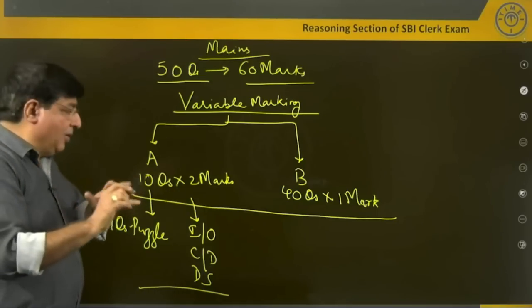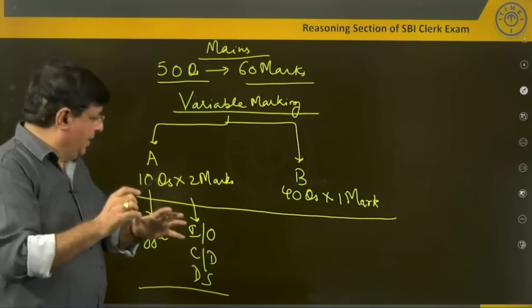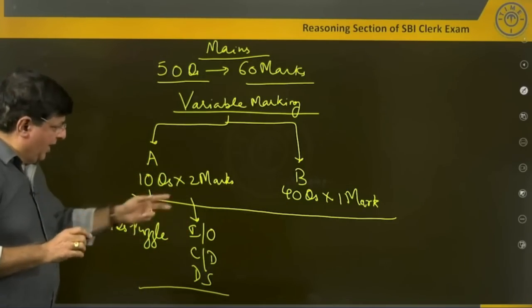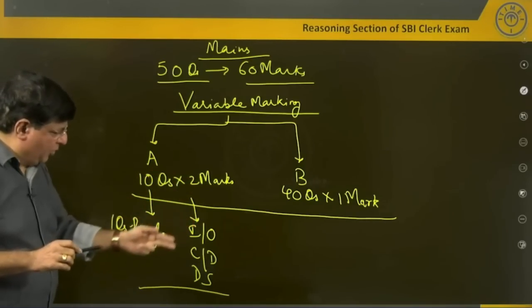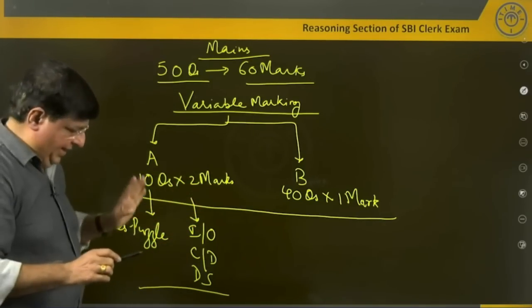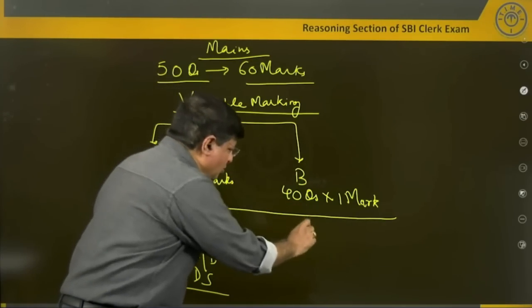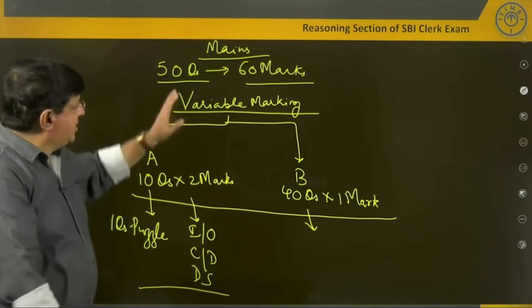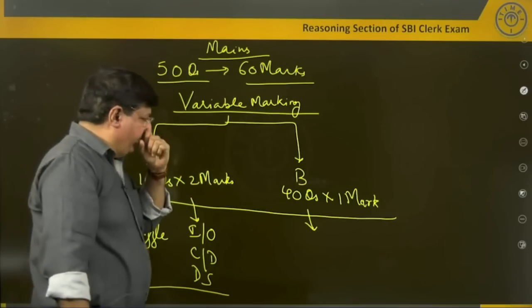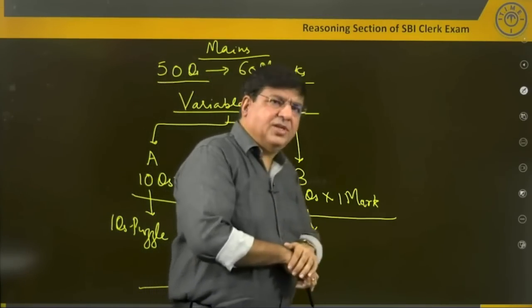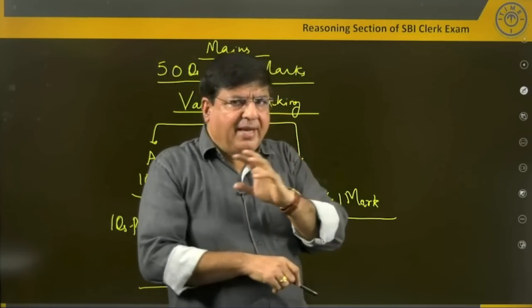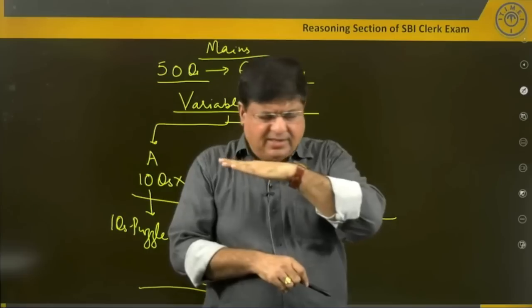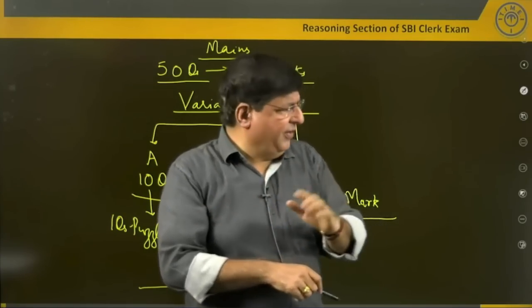But over the last few years' papers, when you see, 1 question is from puzzle and the other questions are from input output, coding decoding and data sufficiency. All the other topics, here also puzzle questions will be there along with the other topics. So this is about the main section of the reasoning section of the mains exam of SBI Clerk.